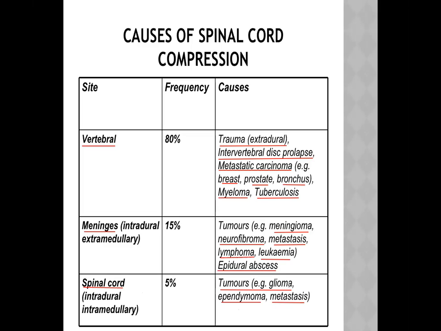So, what is the take-home message from the causes of spinal cord compression? The cause can be found according to the different site. It may be found in the vertebra, and it can compress the spinal cord from outside. It may be present in the meninges. Again, it is compressing from outside. Whereas the third important type of cause is spinal cord disease itself, and it can damage the cord from inside.